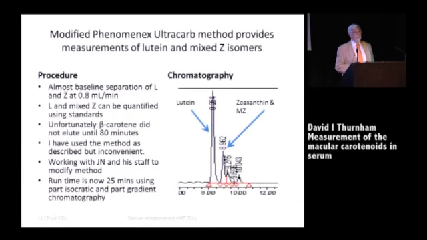We have dropped the temperature to 15 degrees because we get slightly better resolution using that. And then at around 12 minutes, we set up a gradient. We bring off the internal standard very soon, and we change the gradient even more after that, and the system is finished within 25 minutes. It's still long by comparison to many of the screening techniques, but it's the best we can do at the moment, and it is working well.